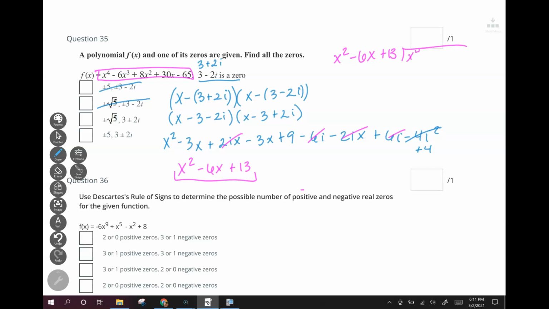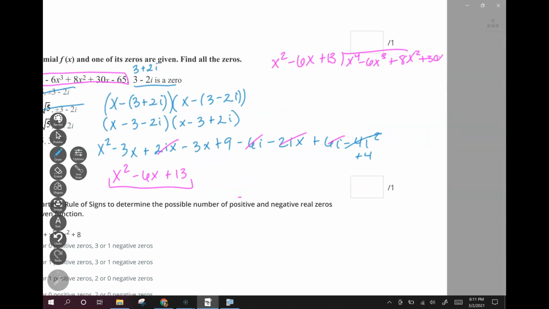So x to the 4th minus 6x cubed plus 8x squared plus 30x minus 65. All right, so x to the 4th divided by x squared is x squared. Multiply. Okay, multiplying that x squared times all 3 terms there.